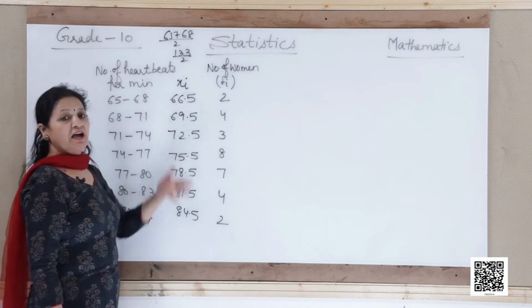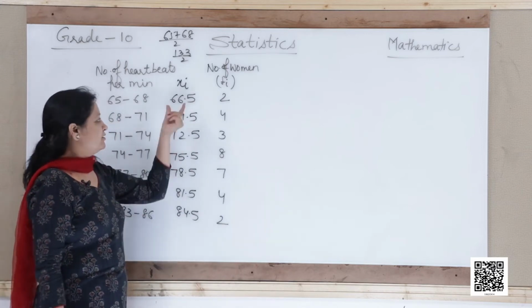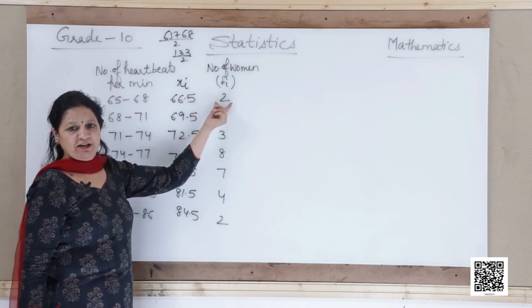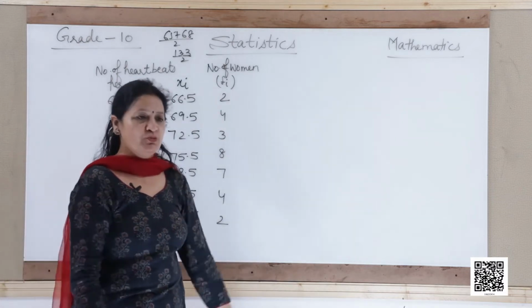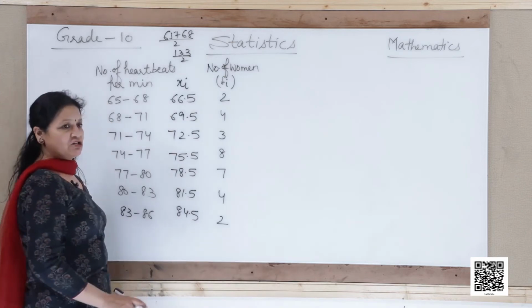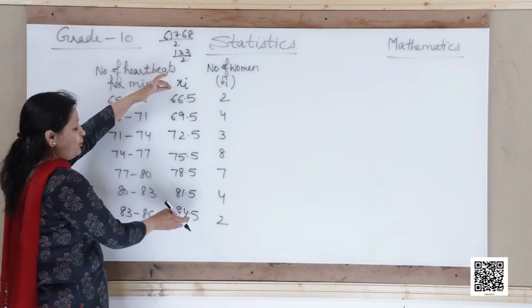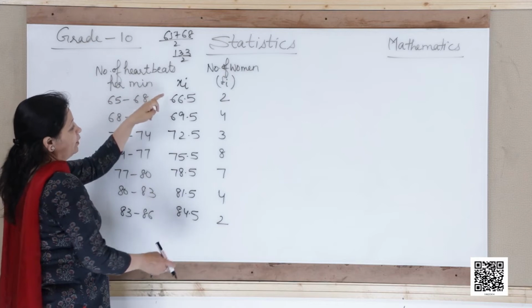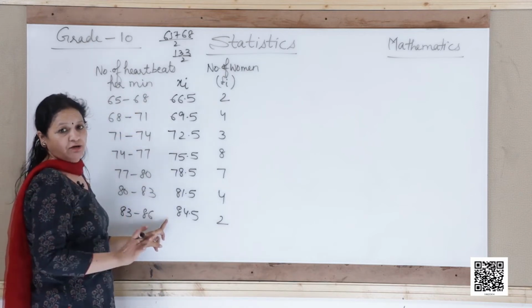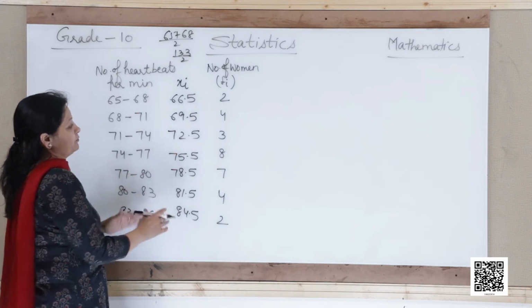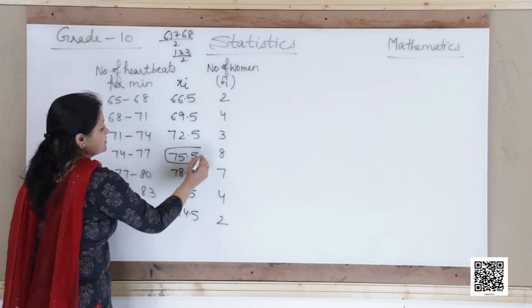Now if we have to do it by direct method, it will be tedious work to multiply this. Now what we were doing is we were applying the assumed mean method. What to do in that? First of all, you have to see how many numbers are there in xi. 1, 2, 3, 4, 5, 6, 7. 7 means odd numbers.